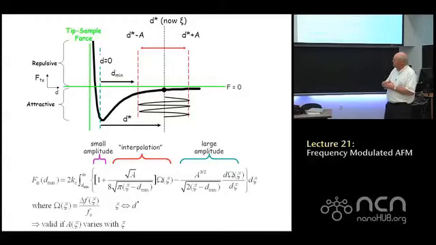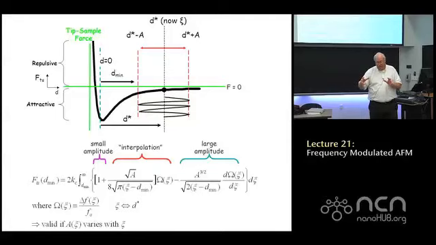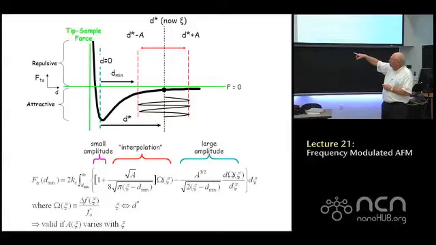As the amplitude of the tip gets very large, the way the tip experiences the interaction force is completely different. Notice you have that square root of a quantity that can go to zero. That's very similar to the expression that we had for the kinetic energy of the tip that we started off with back at the beginning of the lecture. And then there's an interpolation term that allows you to go from the small amplitude to the large amplitude case.